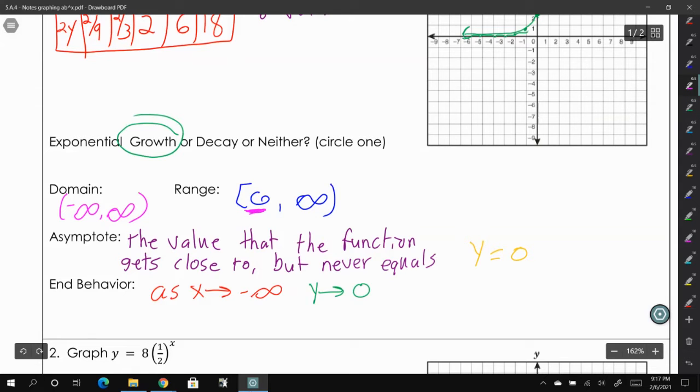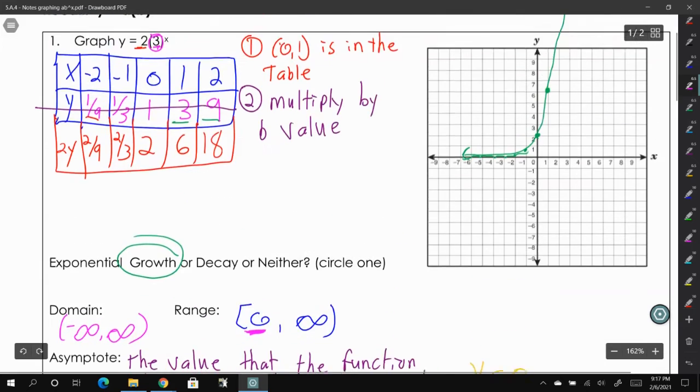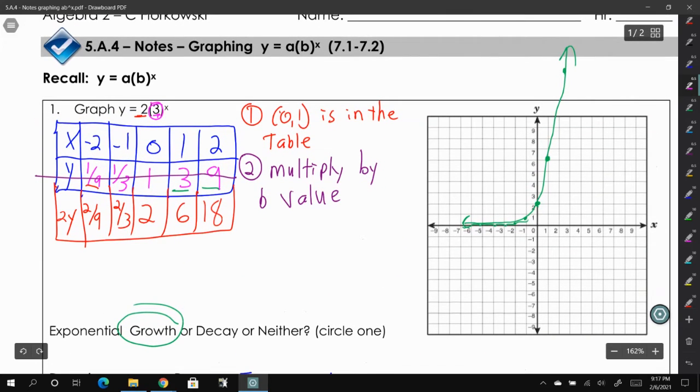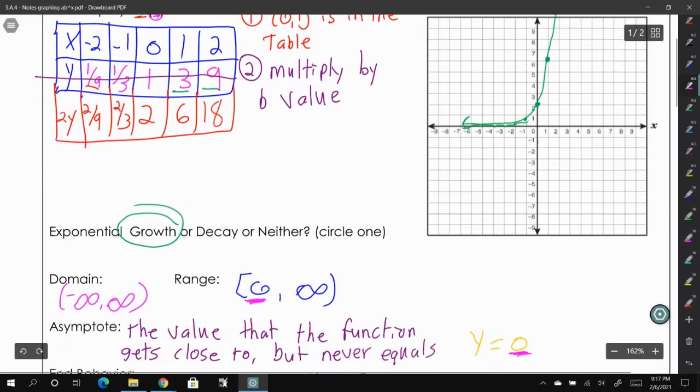Our range, our asymptote, and our end behavior all match. And then we have to worry about the right side. As x approaches positive infinity, y approaches positive infinity. The y values are going up.